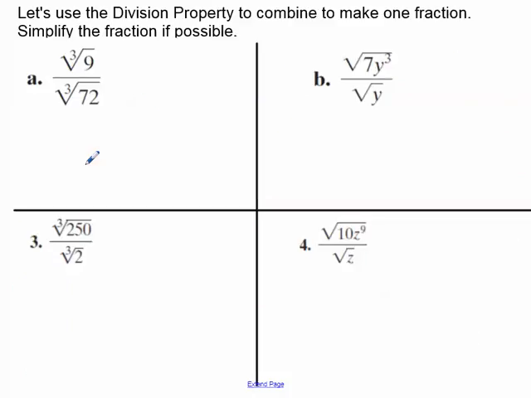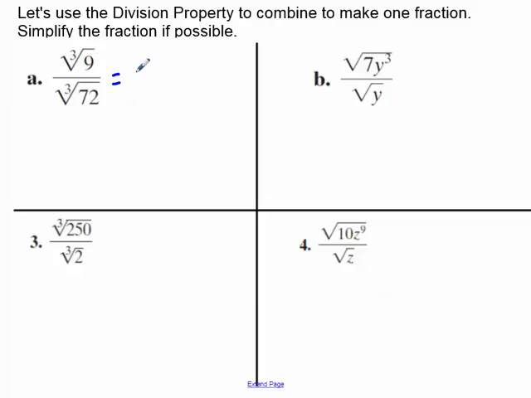So if I've got something like cube root of 9 over cube root of 72, cube root of 9, I can see cube roots, perfect cubes would be 1 cubed is 1, doesn't help us. 2 cubed is 8. We can't rewrite 9 as 8 times something, so maybe we can combine these guys.